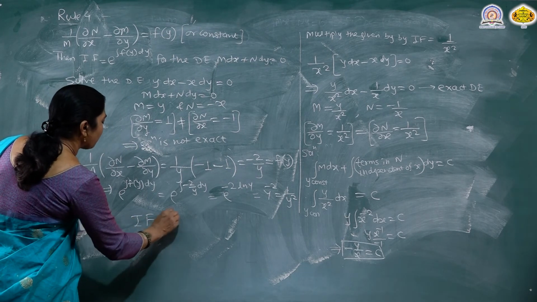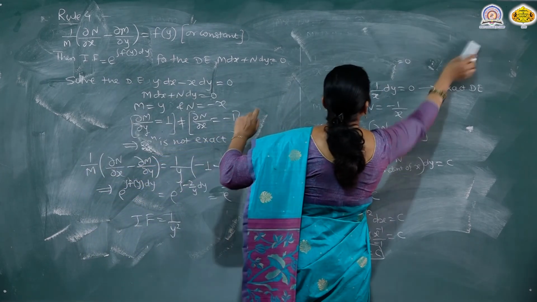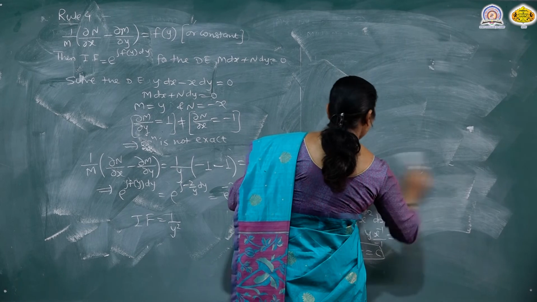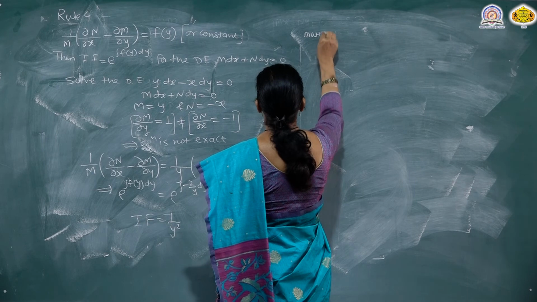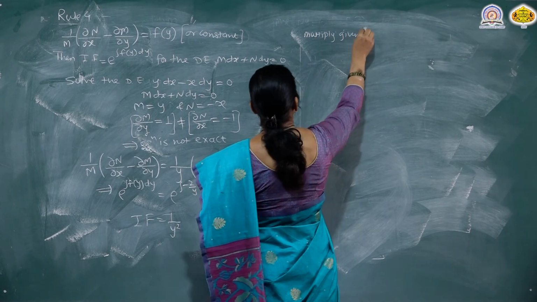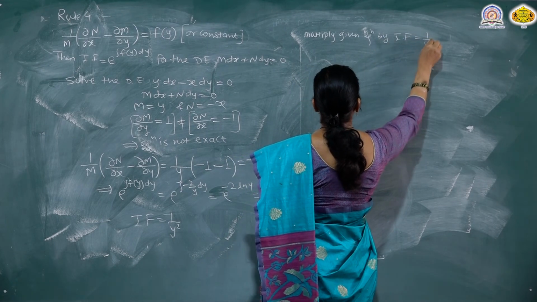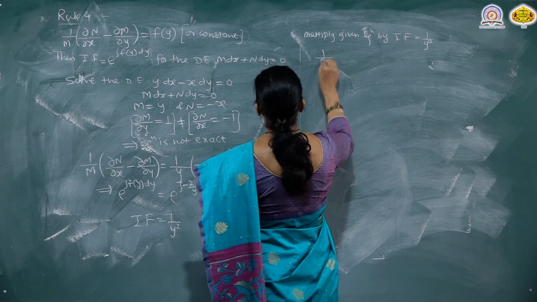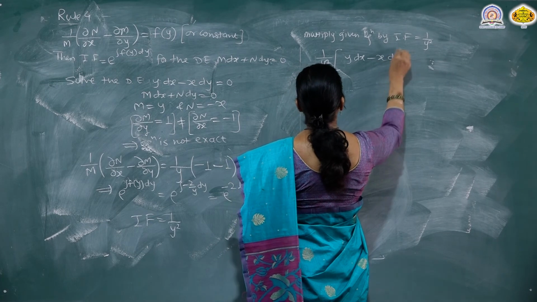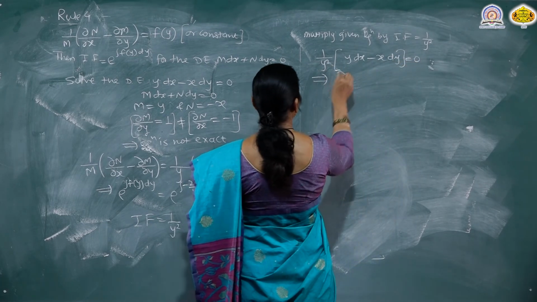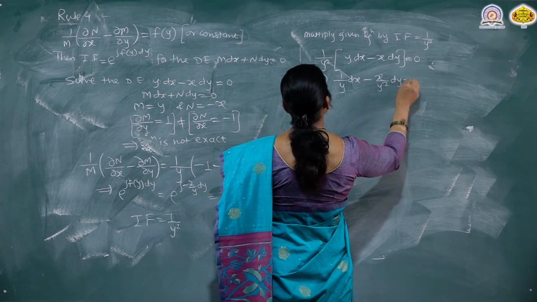Once we get the integrating factor, we multiply the given equation by the integrating factor. So multiply the given equation by 1 upon y square. So we get 1 upon y square into bracket y dx minus x dy is equal to 0. That gives 1 upon y dx minus x upon y square dy equal to 0.